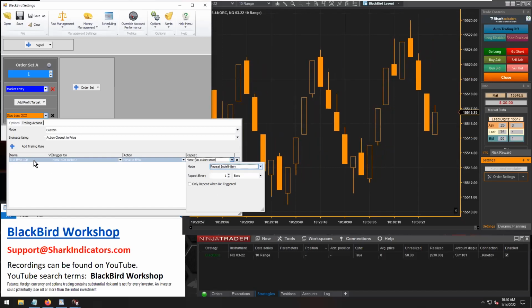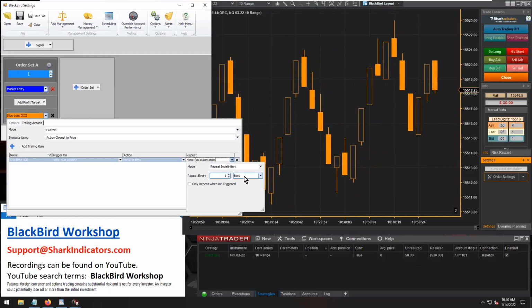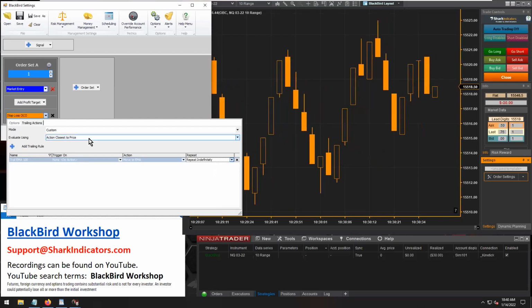And because it's an indicator, it's only going to be once per bar, since indicators only update once per bar. All right, so there's our trailing the EMA 100.